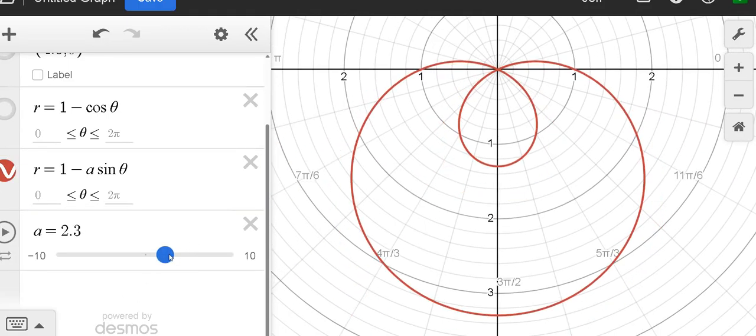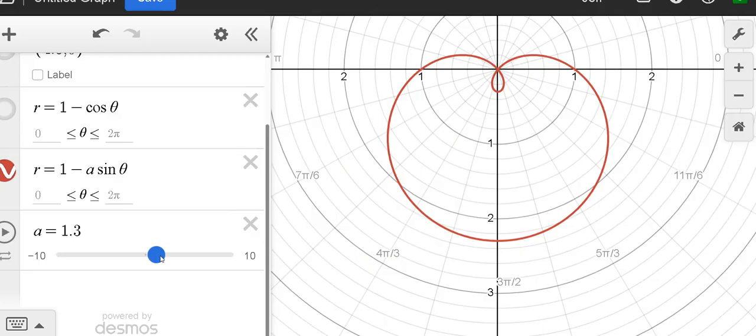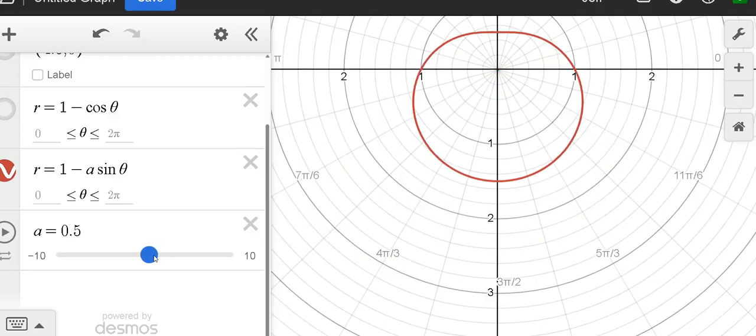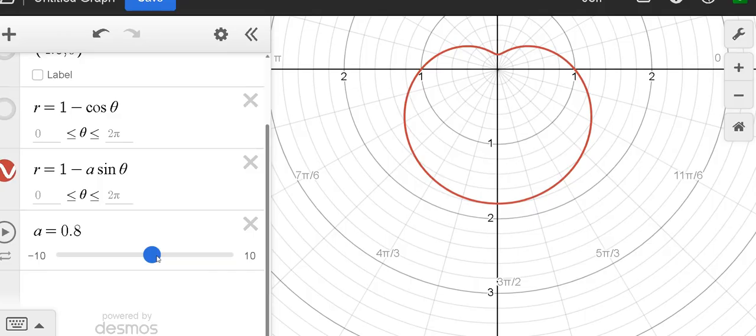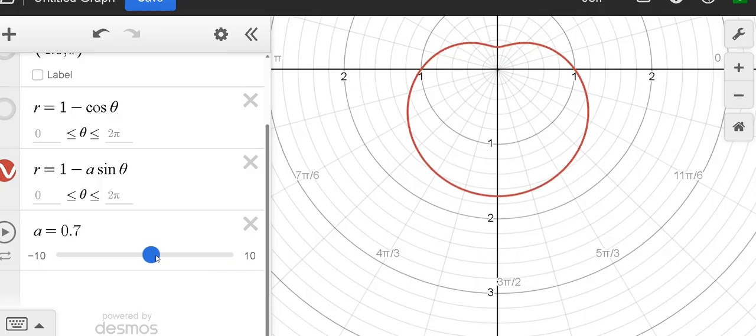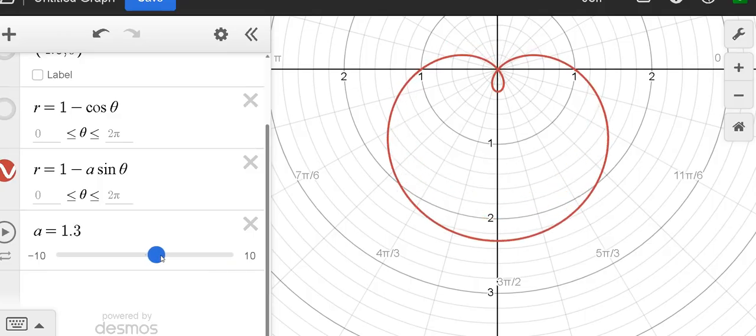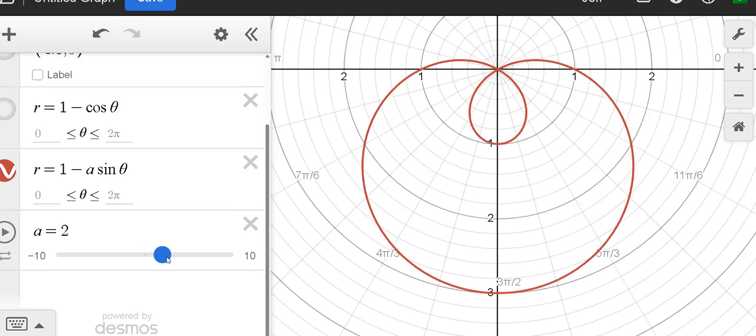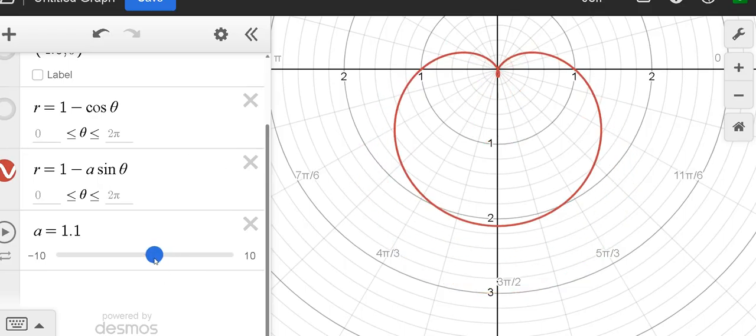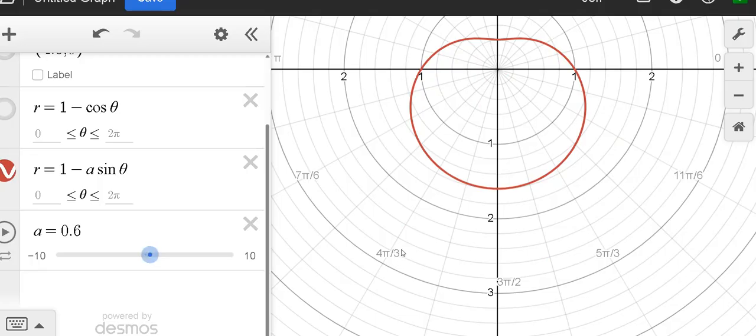If that number is between 1 and 0, then you don't get that dimple at all. Well, you get a little bit of a dimple, but you don't get that inner loop. It's once you pass 1 that you're going to get that inner loop. So, pretty cool. I believe this is called a limacon with an inner loop. And something like this would be called a limacon without an inner loop. Nice.